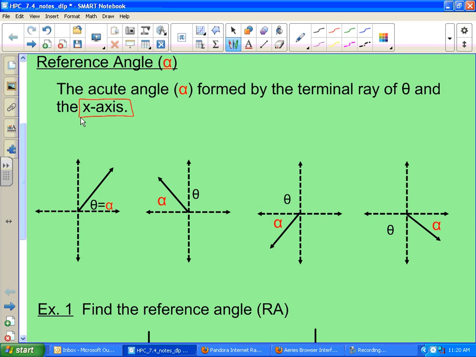Now, in quadrant 1, as in this case right here, the reference angle and the theta that we are turning to get to the terminal ray are the same thing. So between 0 and 90 degrees, your theta and your reference angle are equal to one another. The triangle that I would create in there, you can envision. There's my triangle right there, right?